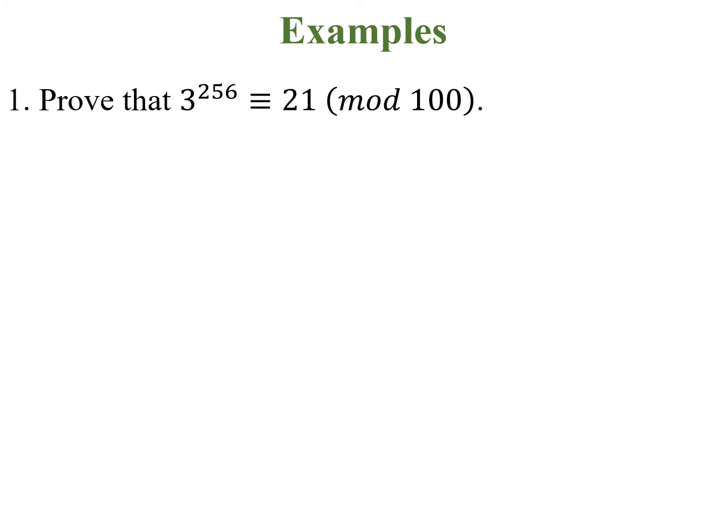Here 3 is coprime to 100, GCD of 3 and 100 is 1. So you can use Euler's theorem here, and for Euler's theorem you want phi of n, meaning phi of 100. So first of all you have to find the phi of 100.